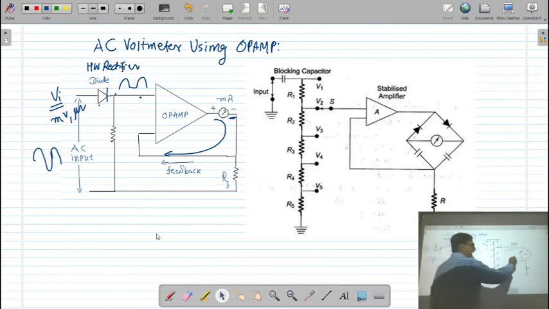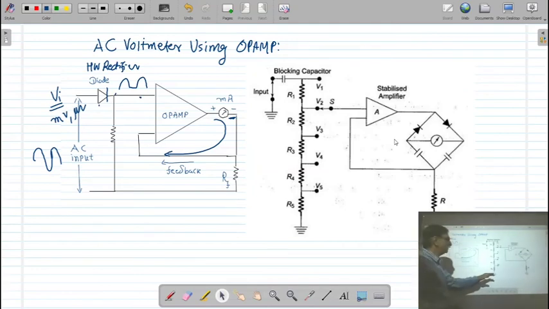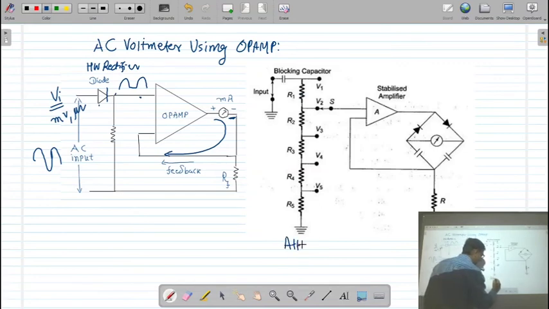So the rectifier is in the feedback path. Here the rectifier is at the input path. Now if you look at this circuit, first of all we have an attenuator circuit. You already know this chain of resistances is nothing but an attenuator circuit.